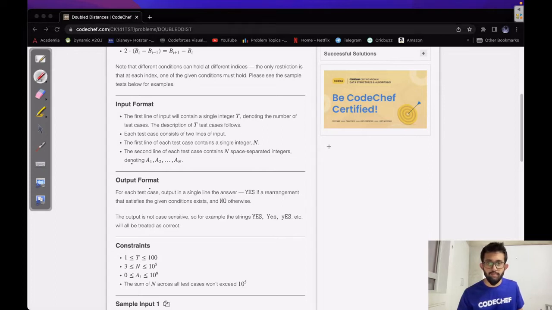So let's say A is 5, 3, 9 and 11. So our array A is 5, 3, 9 and 11. Now consider this permutation.